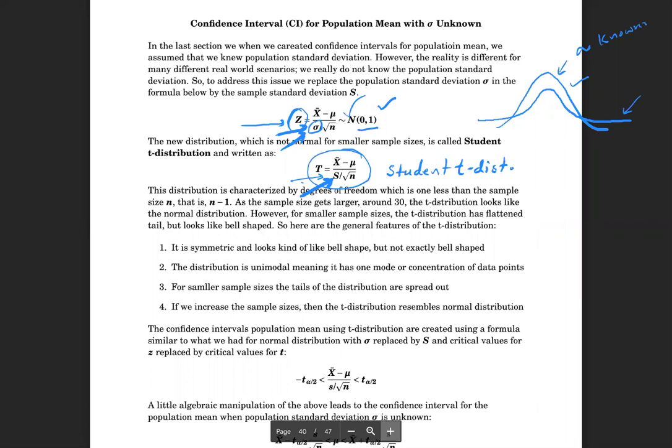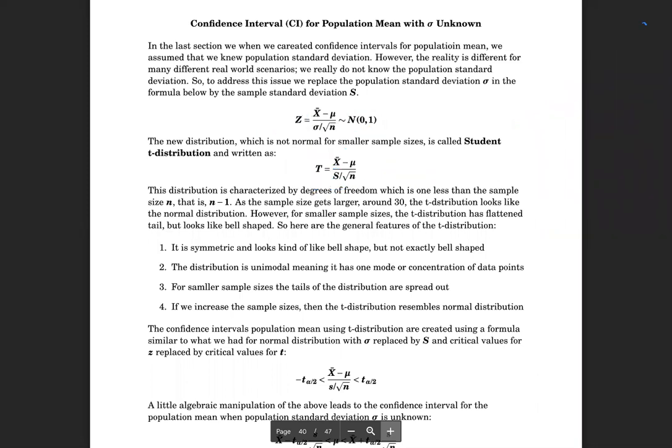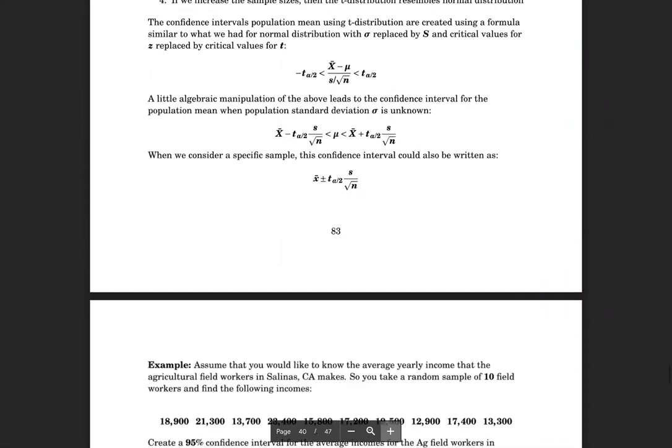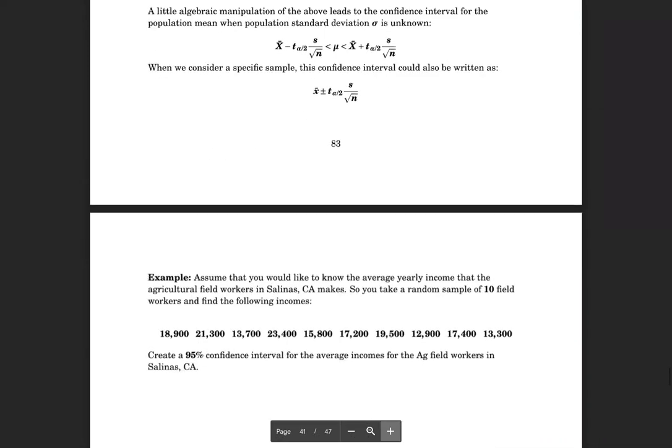And once you don't have it, you basically use S, not create S. All right, and let's go ahead and work on the problem.